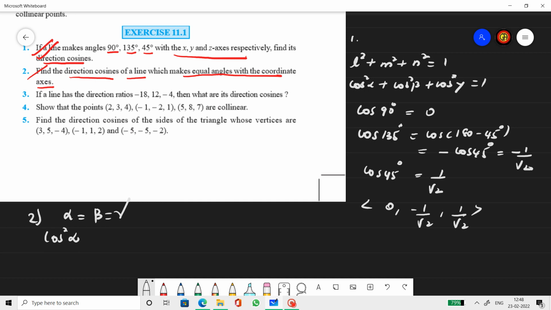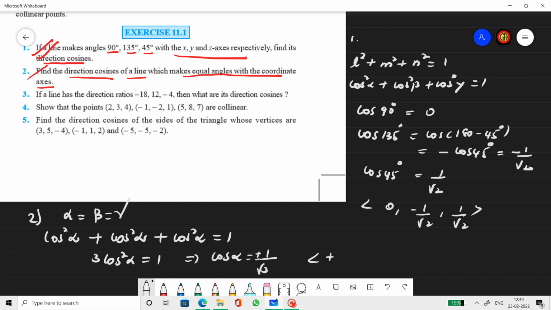Since alpha, beta, gamma are the same, we get cos square alpha plus cos square alpha plus cos square alpha equals 1. So we get 3 cos square alpha equals 1, which implies cos alpha equals plus or minus 1 by root 3. Therefore the DC of this is plus or minus 1 by root 3, plus or minus 1 by root 3, plus or minus 1 by root 3. This is for the second one.